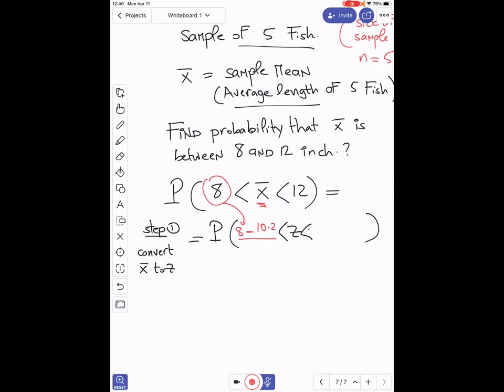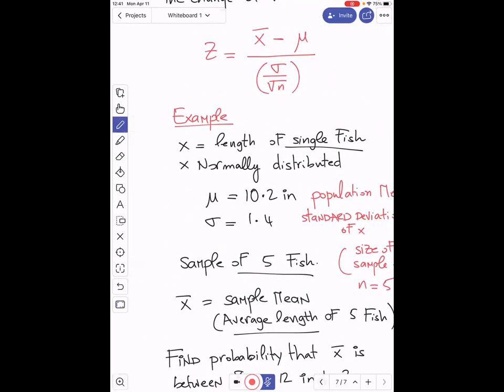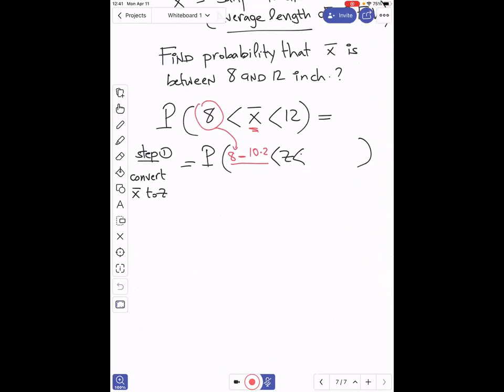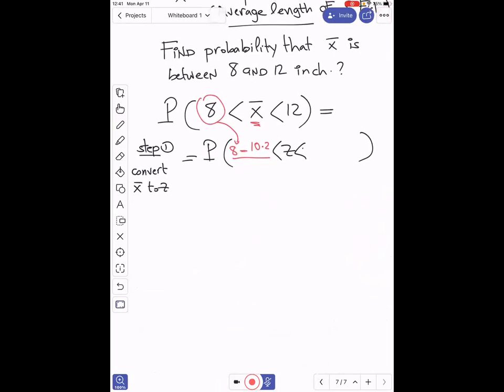What our theorem says is that the standard deviation of the distribution of x bar is not sigma, it's sigma over square root of n, where n is the size of the sample. We have 5 fish, so square root of 5. So in the denominator we have 1.4, the standard deviation of x, over square root of n, so square root of 5.